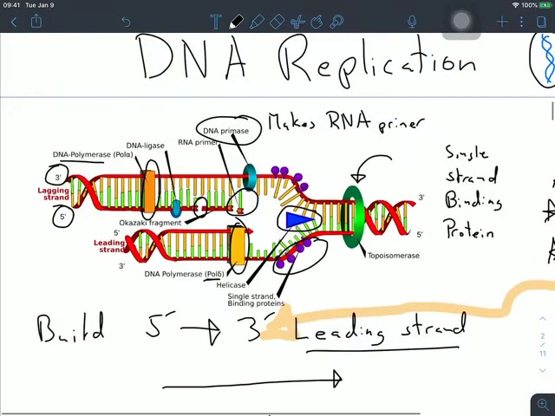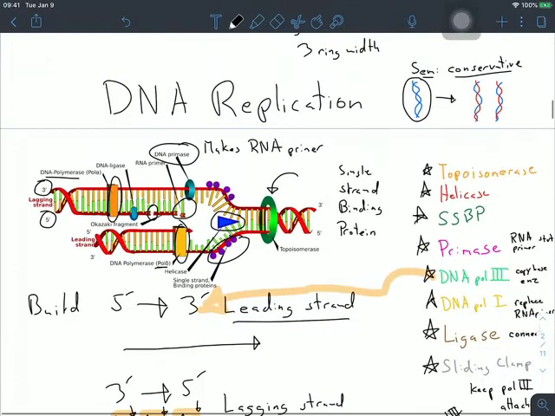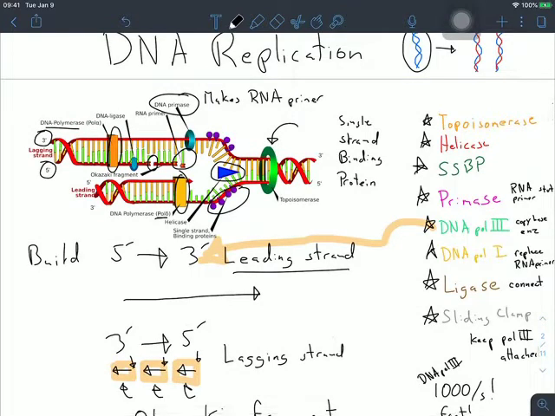You're going to have your two different strands, 3' to 5' and 5' to 3', one being leading, one being lagging. In all cases, topoisomerase is going to come unwind the DNA to make sure there are no knots up front. Helicase is going to come unzip the DNA. Those single naked nucleotides are held safe by single-stranded binding proteins.